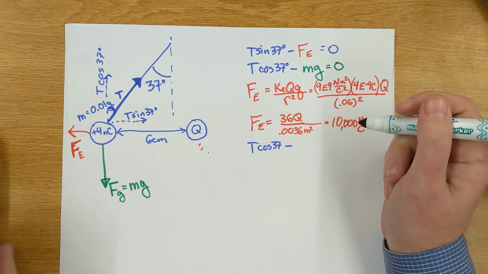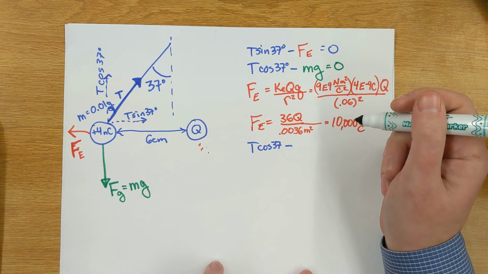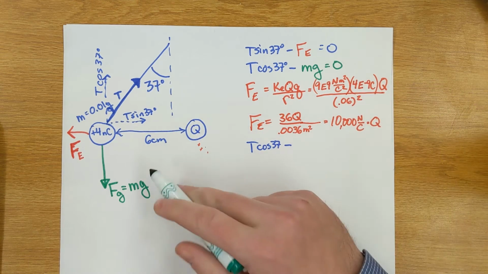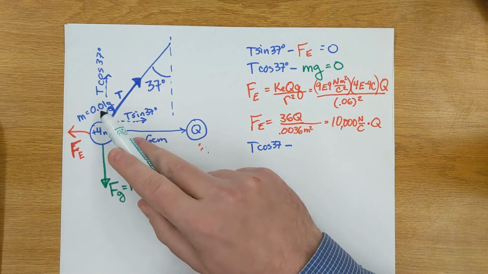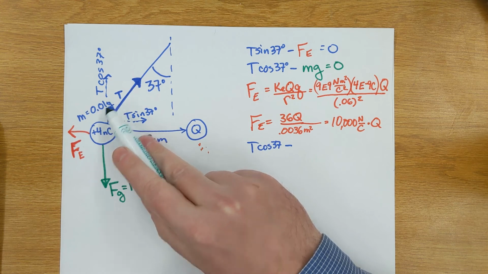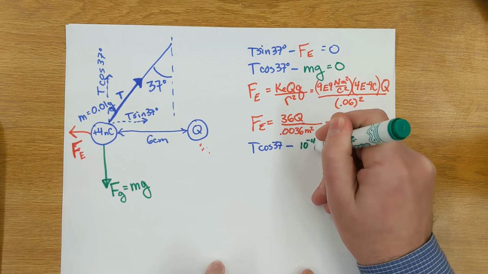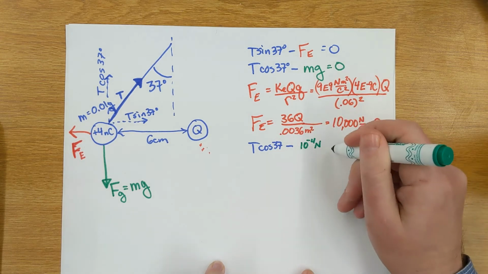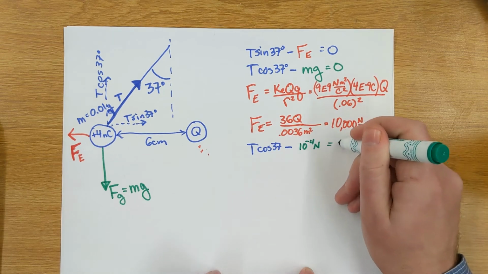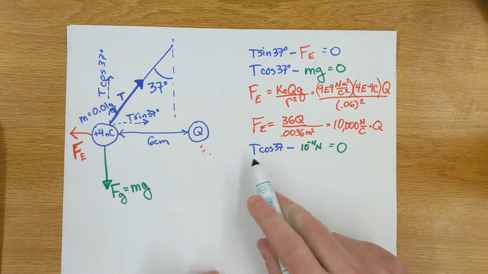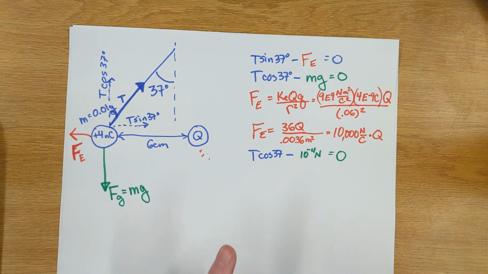Well, I got to move 3 decimal places, so that must be 10 to the minus 5 kilograms times 10 meters per second squared. Sounds to me like 10 to the minus 4 newtons is how much that mass weighs, and that's equal to 0 as well, the difference between those two forces in the vertical direction.